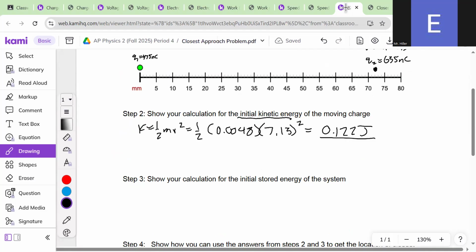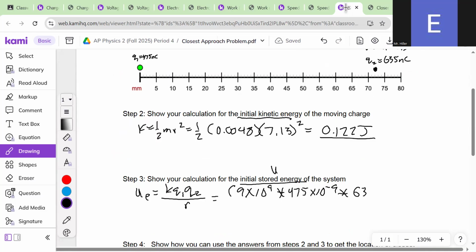Okay, now let's calculate the initial stored energy. That's the potential energy. So the electric potential energy is K Q1 Q2 over R, which would be 9 times 10 to the 9, times charge 1, 475 times 10 to the negative 9, times charge 2, 635 times 10 to the negative 9, all divided by the distance between them, 72 millimeters or 0.072 meters.